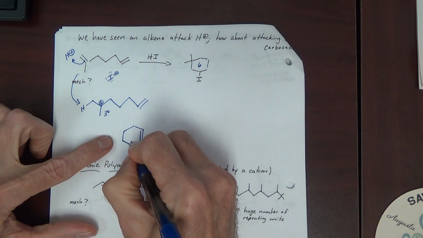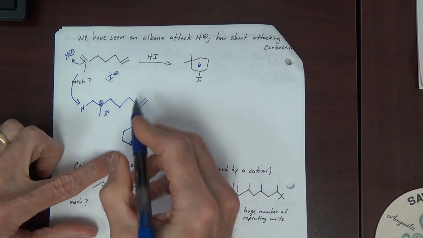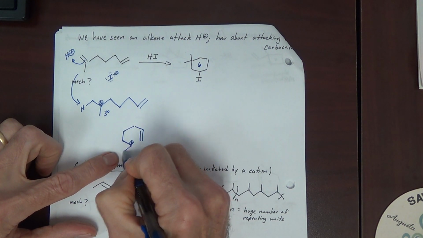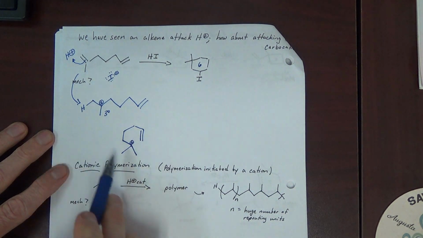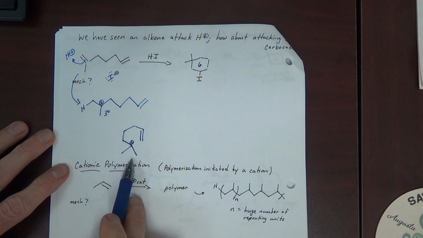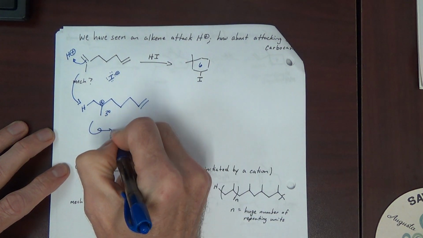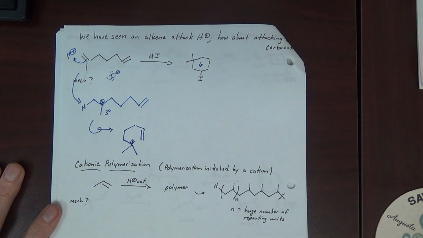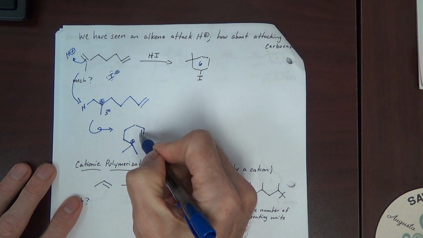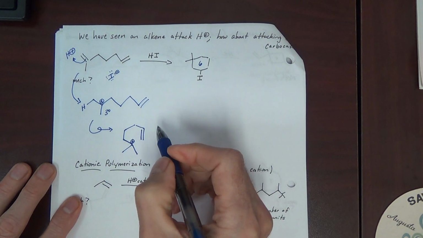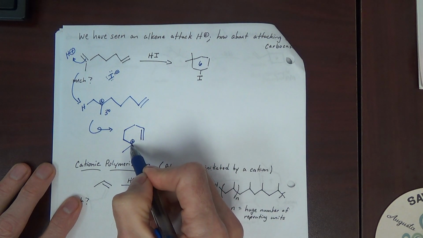Here's the carbocation, and then that carbon has two methyls. Methyl here and methyl there. One of them has a new H, I'm not going to draw it in. But if we just do free rotation, and I'll indicate like it rotated, we can envision this alkene being nearby to the cation, and now the pi electrons can swing out and attack it.